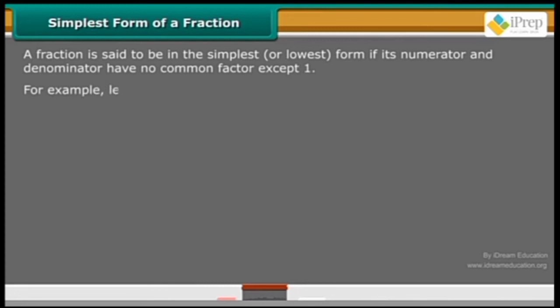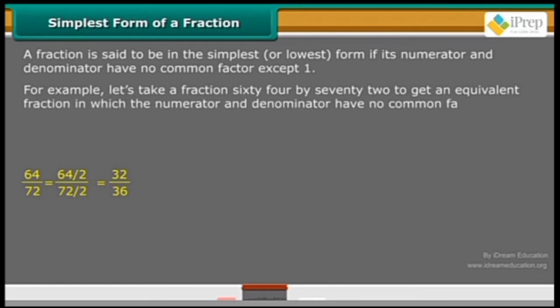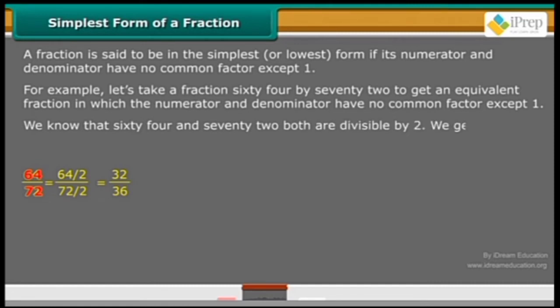For example, let us take the fraction 64 by 72 to get an equivalent fraction in which the numerator and denominator have no common factor except 1. We know that 64 and 72 both are divisible by 2.